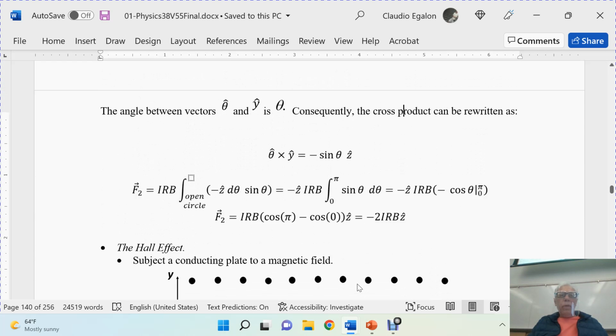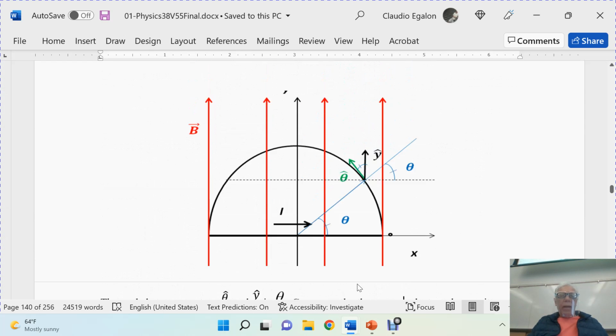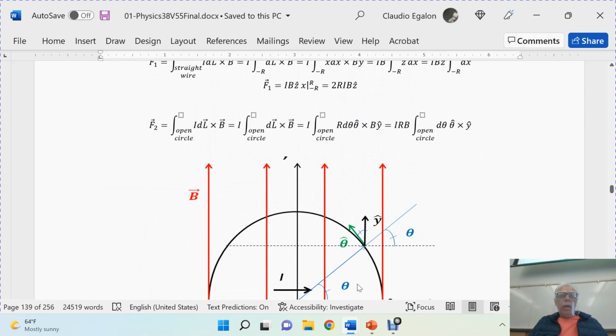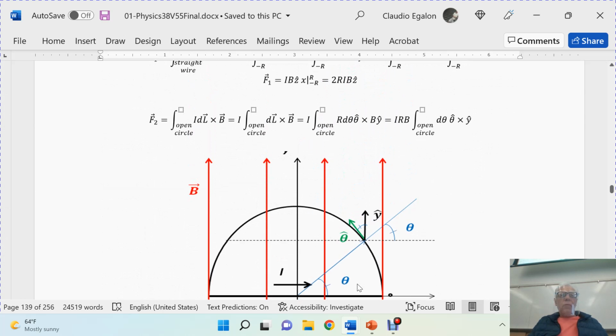That's F2, and that's F1. So the net force F1 plus F2 is going to be 0.